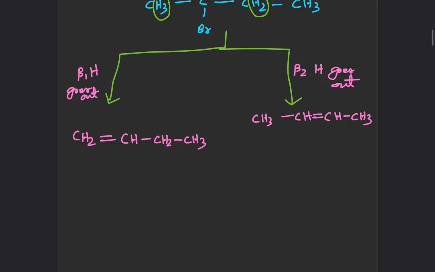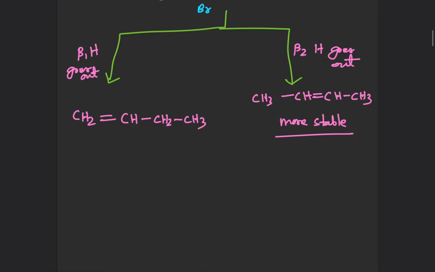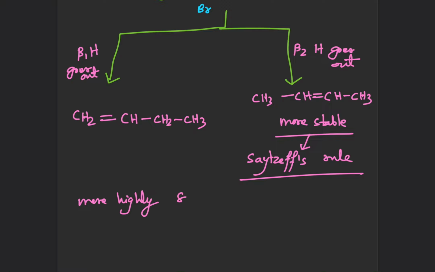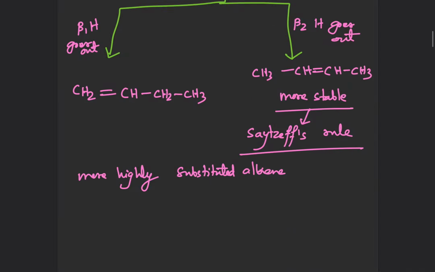Okay. So out of these two, this is more stable, because according to Zaitsev's rule, more highly substituted alkenes are the major product.